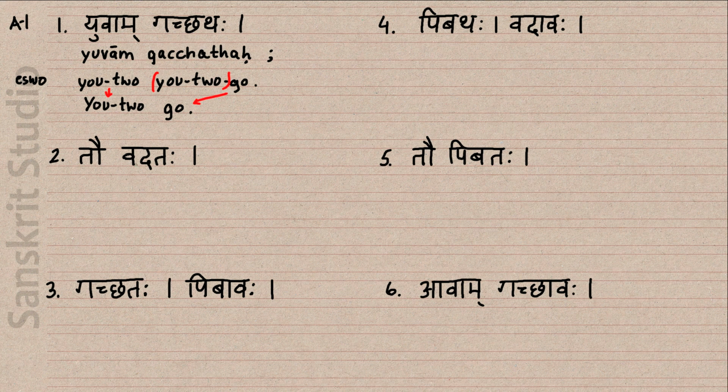Number 2. Tau vadataḥ. Okay, so we have the pronoun tau, and then we have the verb here, vadataḥ. There's no H here, and there's a dental T here.